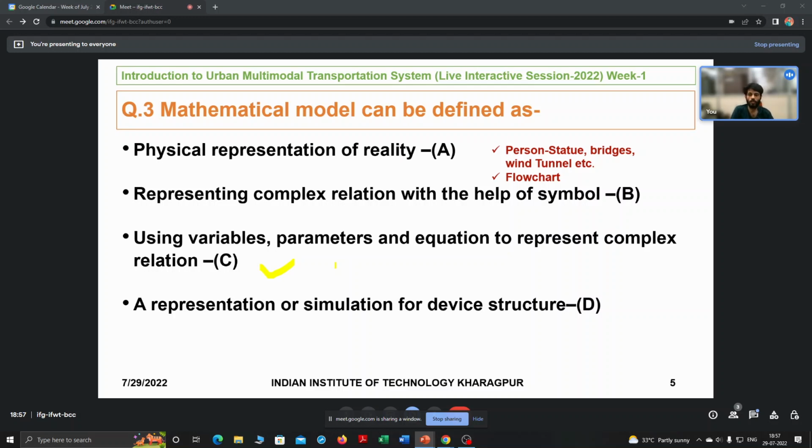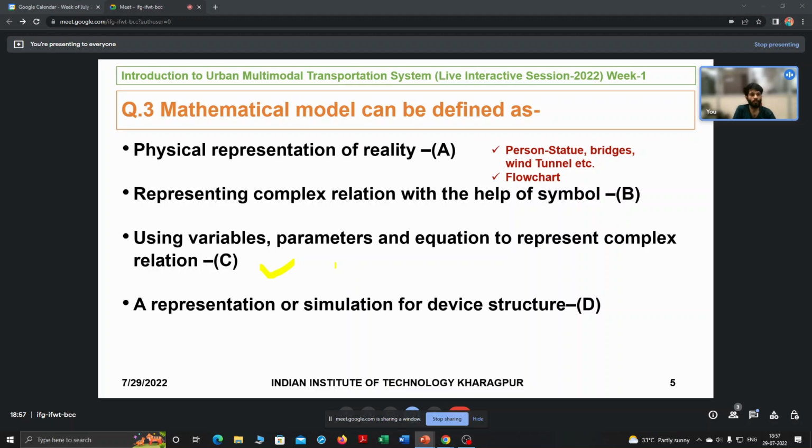Then the third one is using variables, parameters and equations to represent complex relations. Suppose you have a variable x which is depending on y. You can take an example of the speed along a particular road.